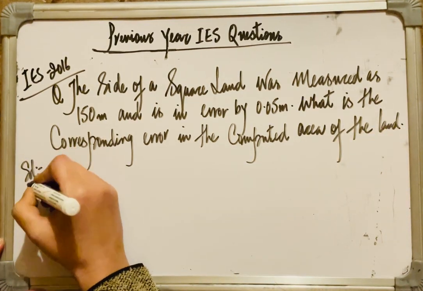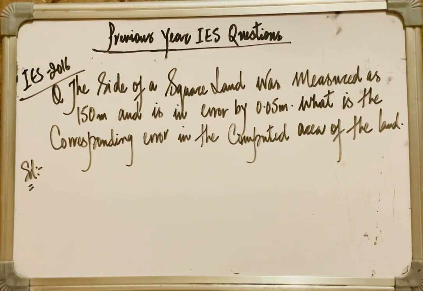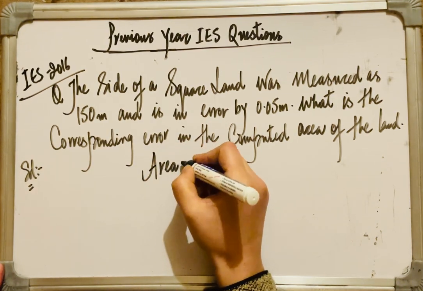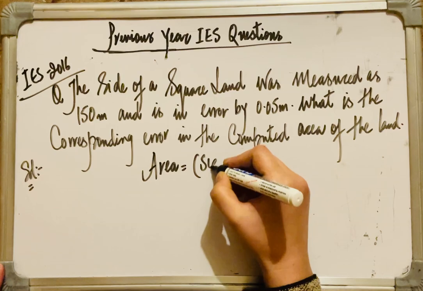This question was asked in IES 2016 and the question reads as: the side of a square land was measured as 150 meters and is in error by 0.05 meters. What is the corresponding error in the computed area of the land? We know that area of this square land is equal to side square.